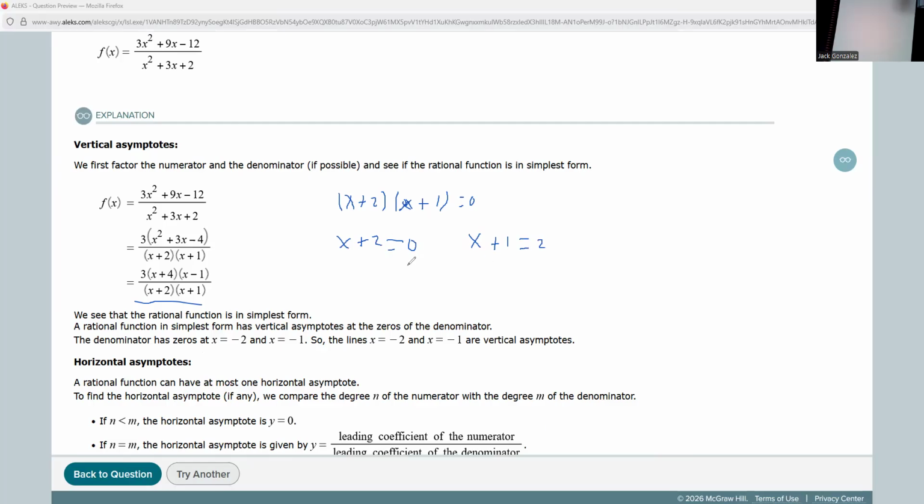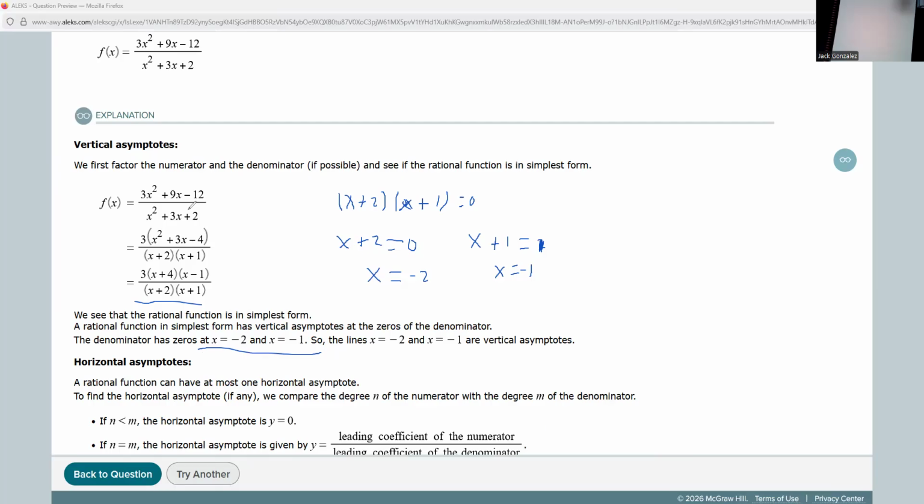Subtract the 2 and subtract the 1 over. You'll get this. Anyway, so those are your two vertical asymptotes, which is what they did to get this.